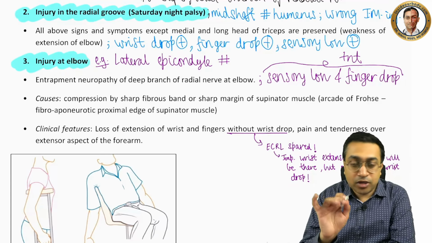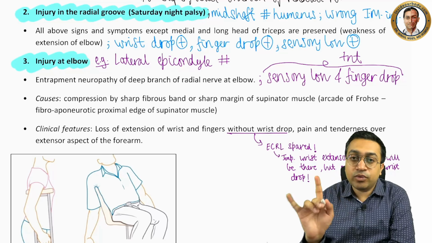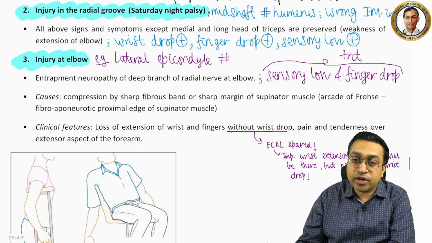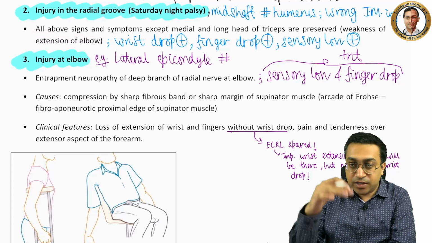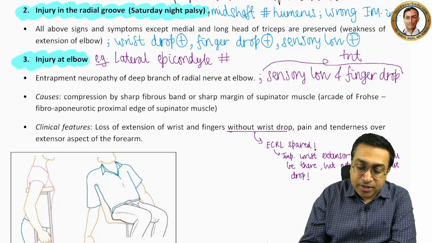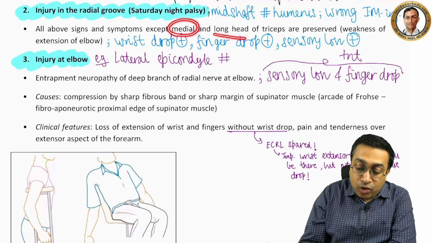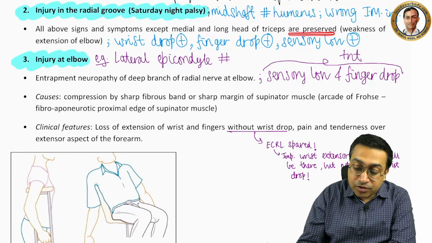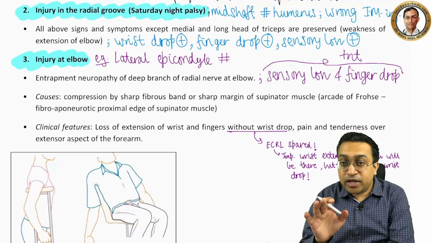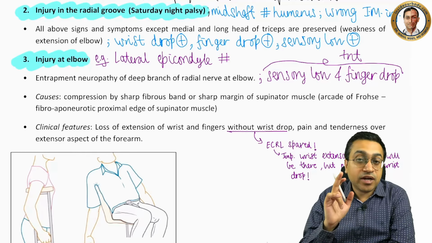Now please pay attention, it is very important. You get mostly confused in this second point and third point. All the signs and symptoms which were discussed above are present, except the medial and long head of triceps, which are preserved. We are talking about the injury at the radial groove.